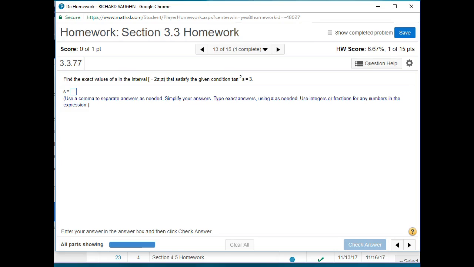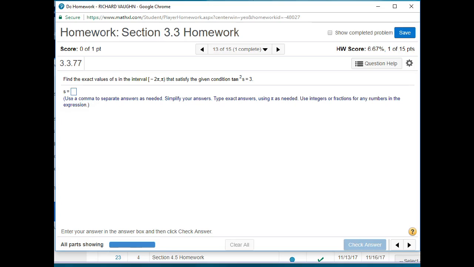So now I need to find all of the pi over 3 reference angles between minus 2 pi and pi, because those will all be plus or minus square root of 3, and plus or minus square root of 3, when I square it, will give me positive 3. Starting at minus 2 pi, which again is equivalent to the angle 0, I'm going to start going around in the counterclockwise direction.